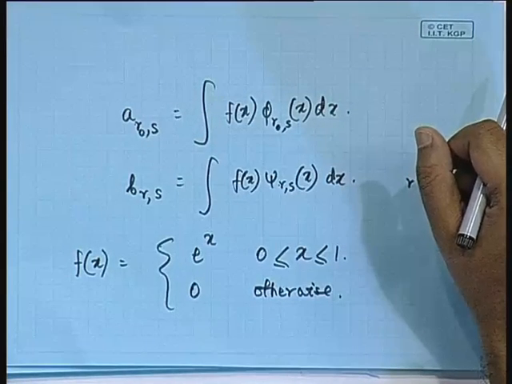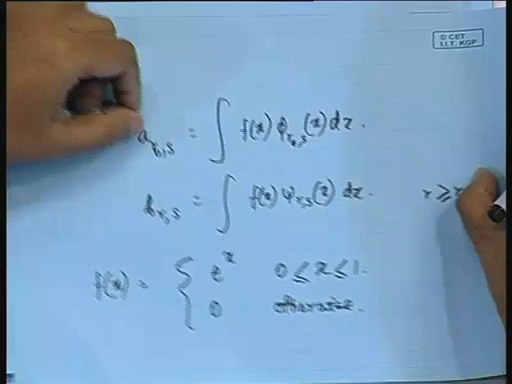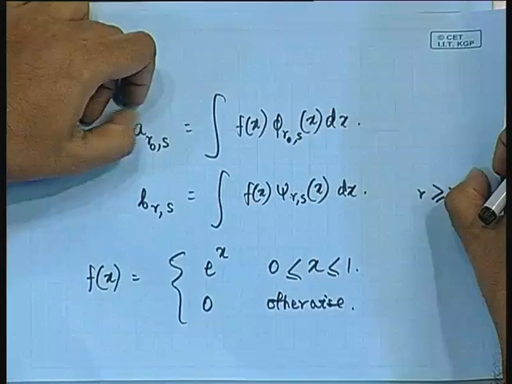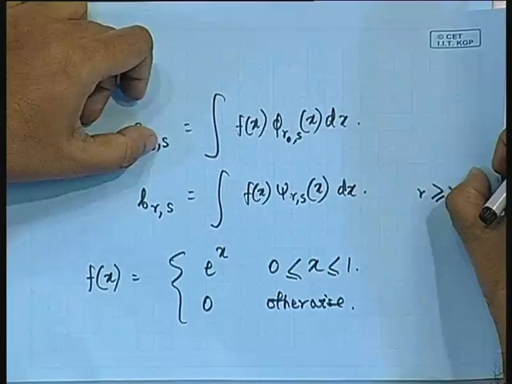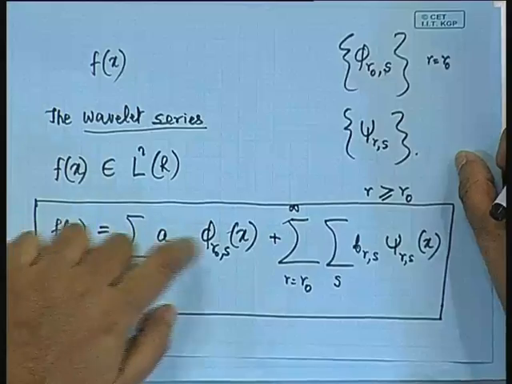So, the integration will get replaced by a summation series, and the manner in which we can write is like this. This a r 0 s, what was a? A is the coefficients that is associated with the set of scaling functions, with the shifted versions of the scaling function.